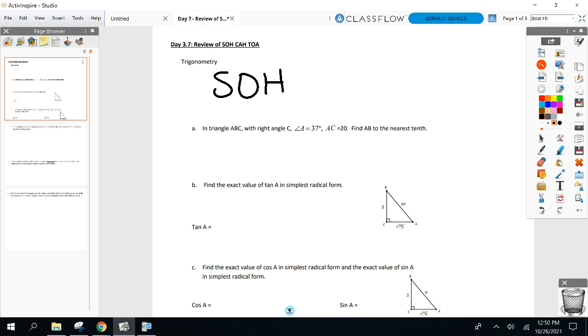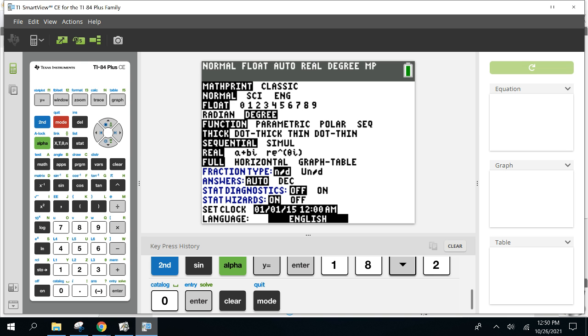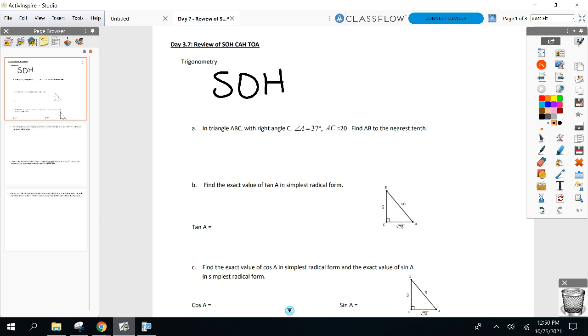The S in SOHCAHTOA stands for sine. If you haven't seen it on your calculator, you got a sine button there. It's abbreviated SIN, but it's actually spelled SINE. So when in a problem would I want to use sine? That's where the O and the H come in. Anybody remember what the O stood for? Opposite.